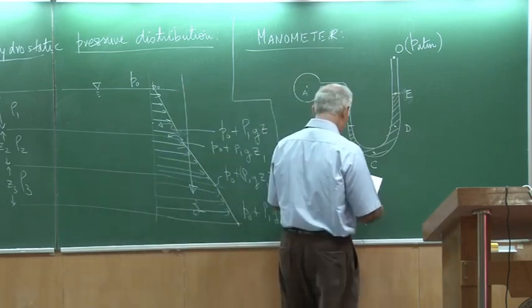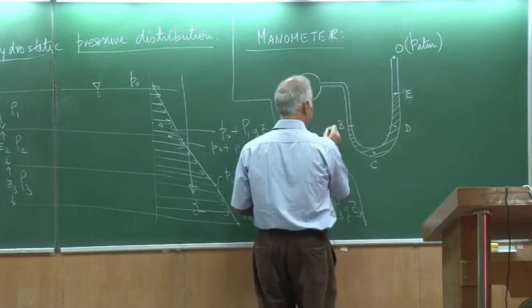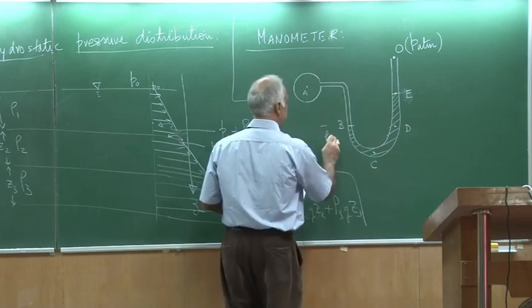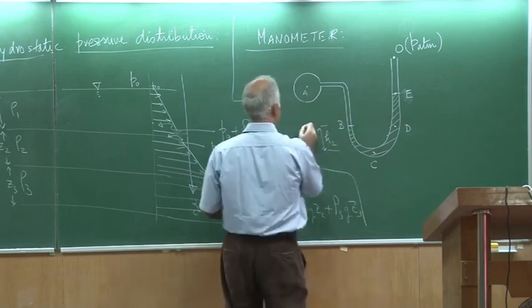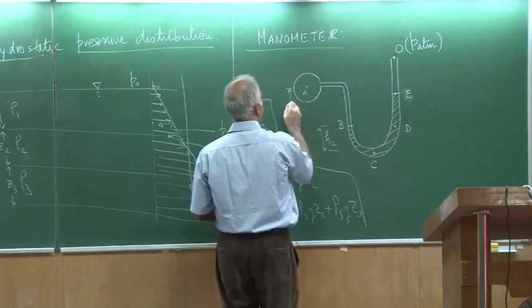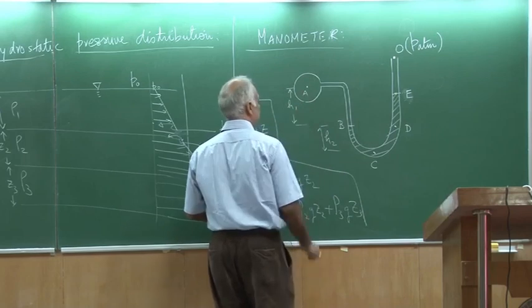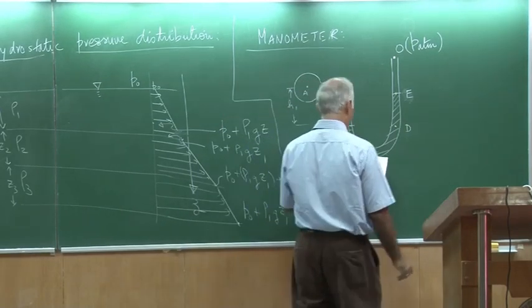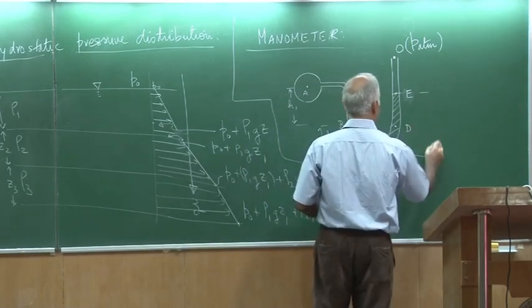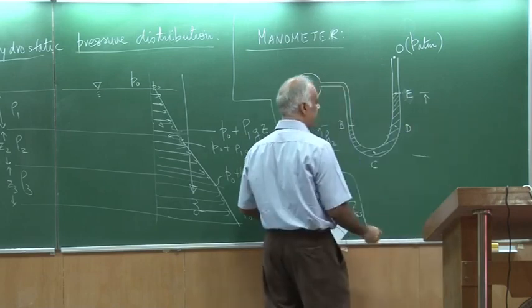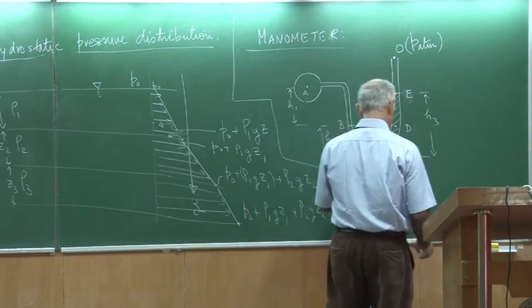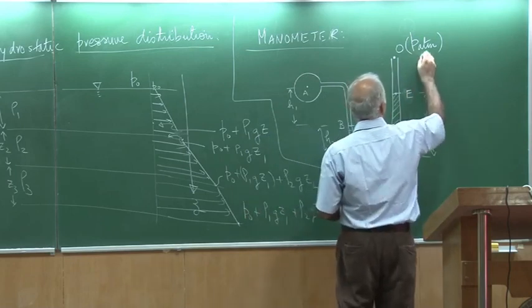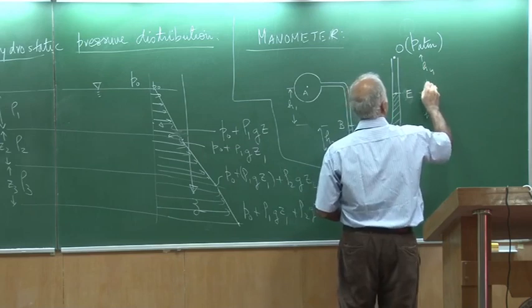I am going to mark the different heights. Let us say this height is H2, this is H1, this height between E and C is h3, and this over here is h4.